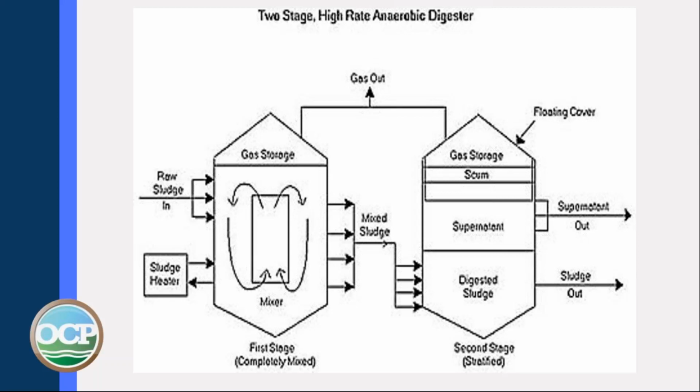Your digested sludge stays on the bottom. The supernatant liquor comes out above it and can be removed. There's a layer of scum that has to be removed, and then your gas storage. And both of these will produce gas. Typically, the second stage will have a floating cover.